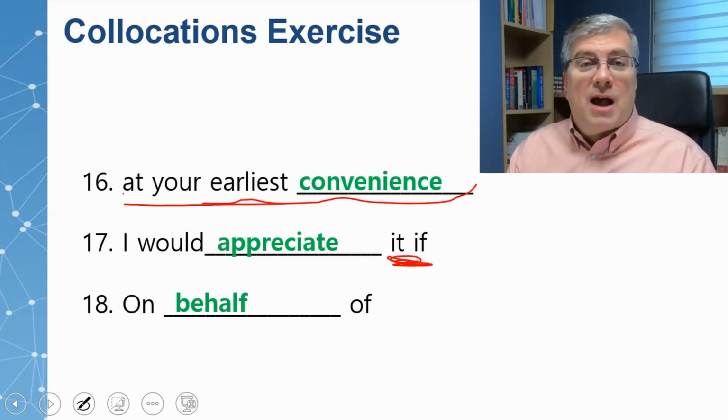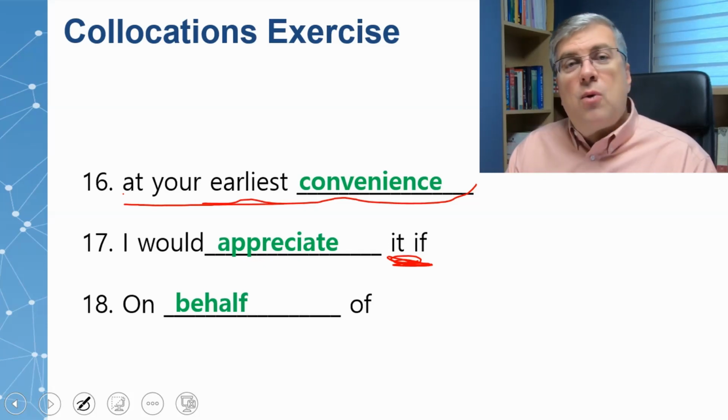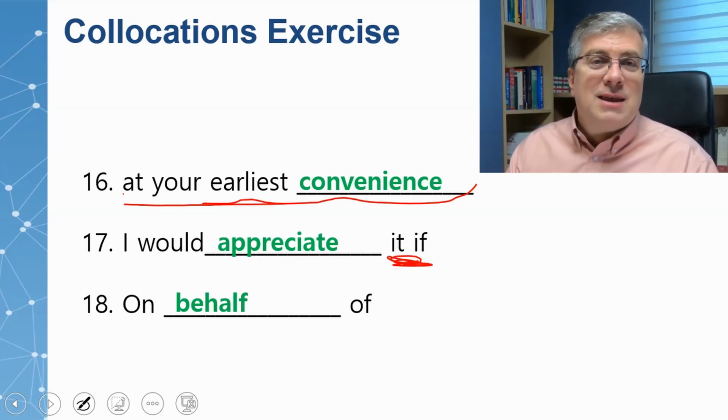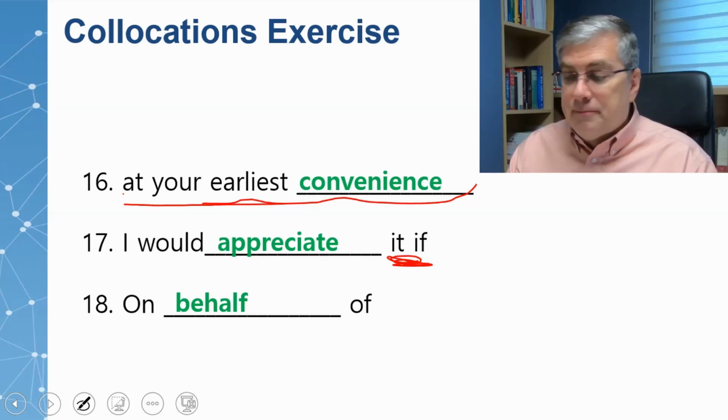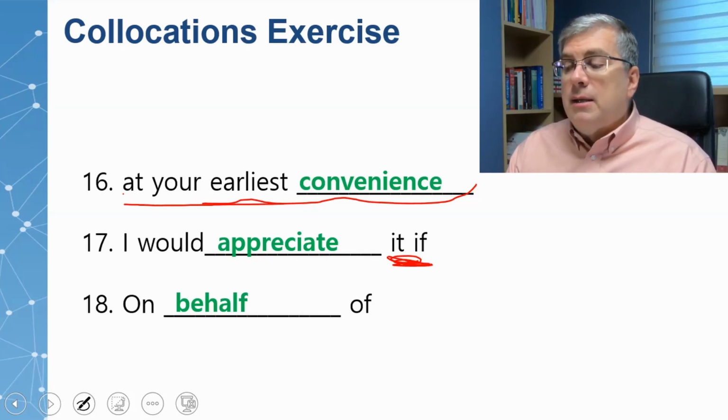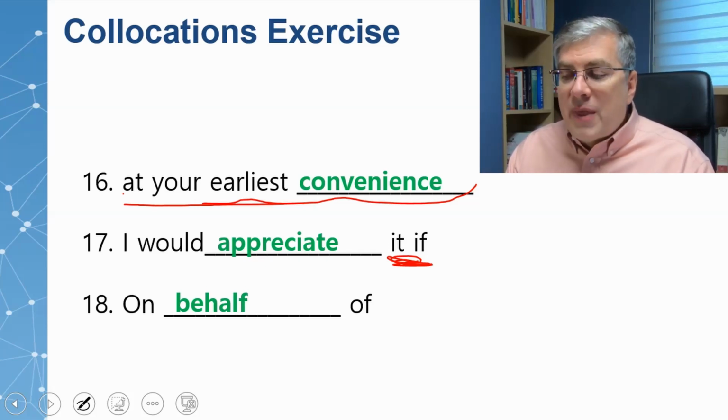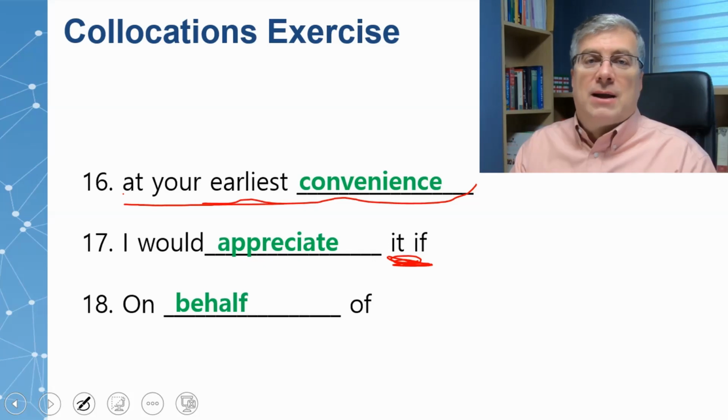Or on behalf of ABC Company, we would like to express our deepest appreciation for your participation in the recent symposium, right? So you're thanking the person, or you're saying that you're doing some action, not just from yourself, but from your entire group.